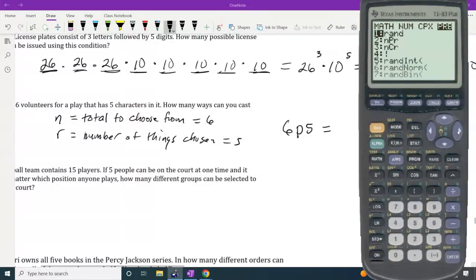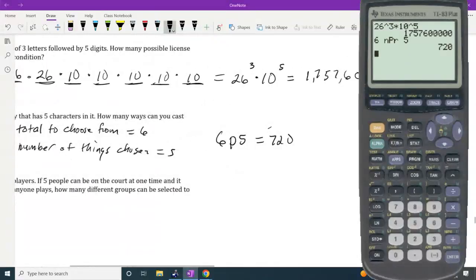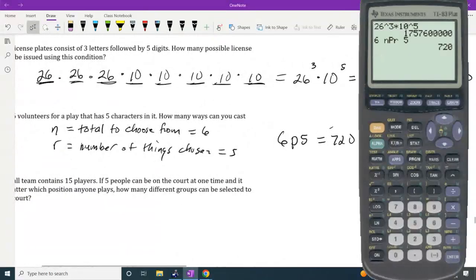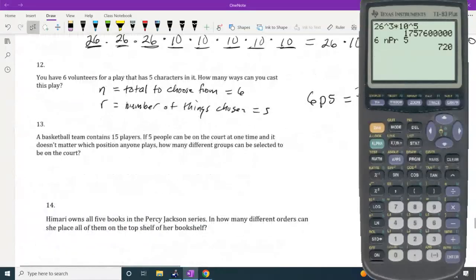I'm going to scroll over to PRB, which is short for probability. We're going to choose that second option, which is permutation. And out of those 6 people, we're going to choose 5 characters for a total of 720 ways we can cast a play. So that is a permutation, right? So when you see that play thing on the test, that's a permutation.